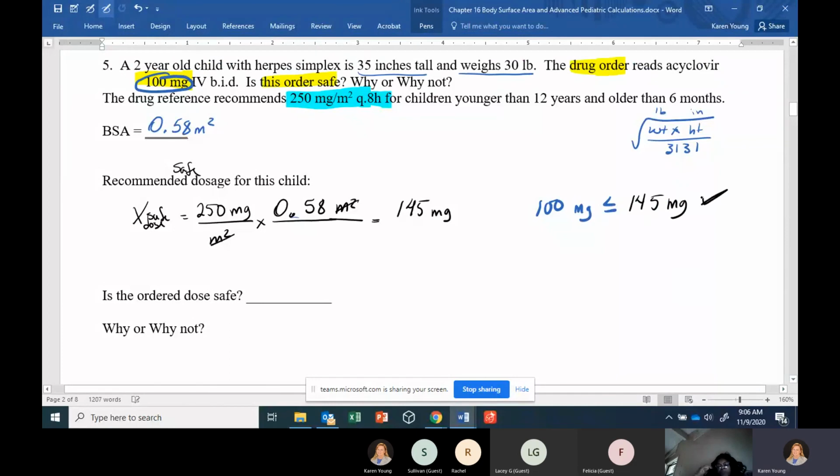So that's true. So the ordered dose is safe. And it's because the ordered dose is less than the safe dose.